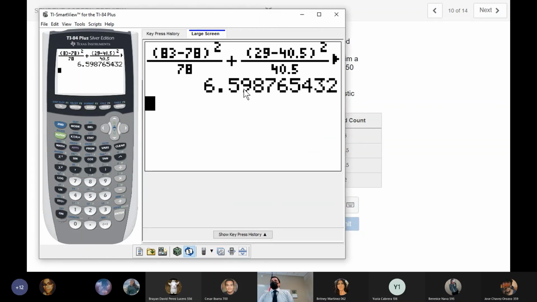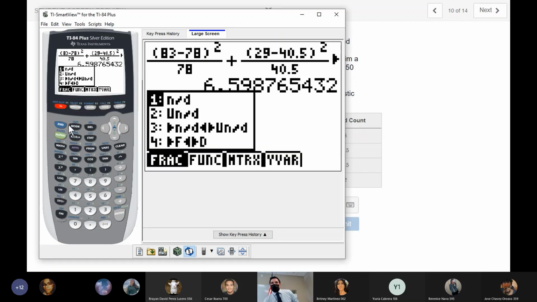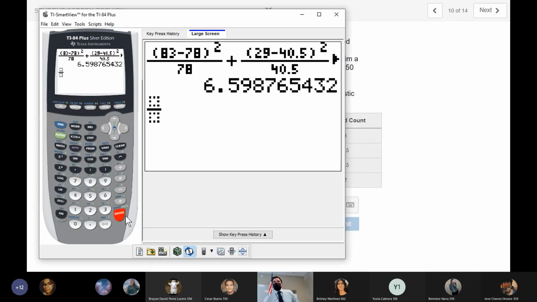There we go. All right. In our calculator, we can type in our fractions just the same way as we would write them, which can be very helpful. If you don't know how to do that, you go alpha, y equals, and hit enter. You get a little fraction doodad, which can be very helpful in making things calculate the way that you want them to. All right, so there is that.